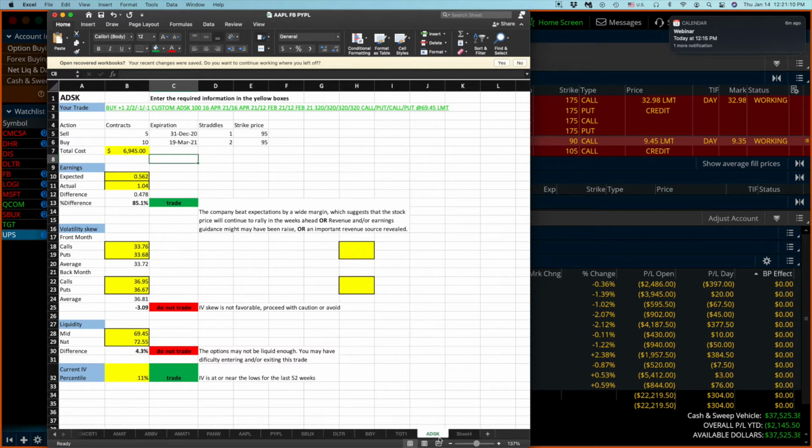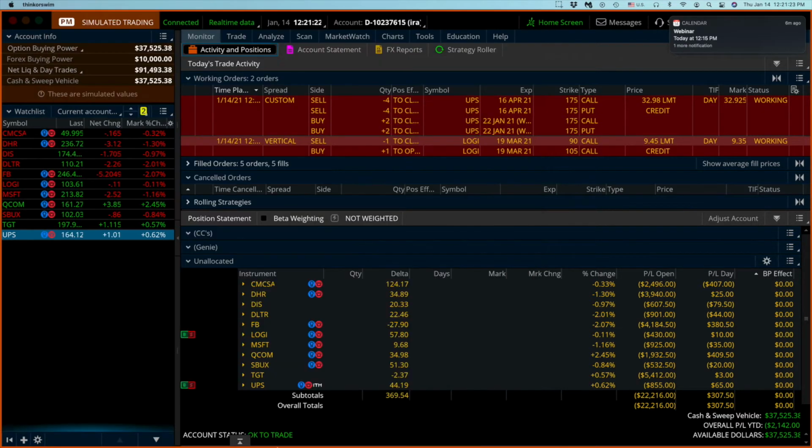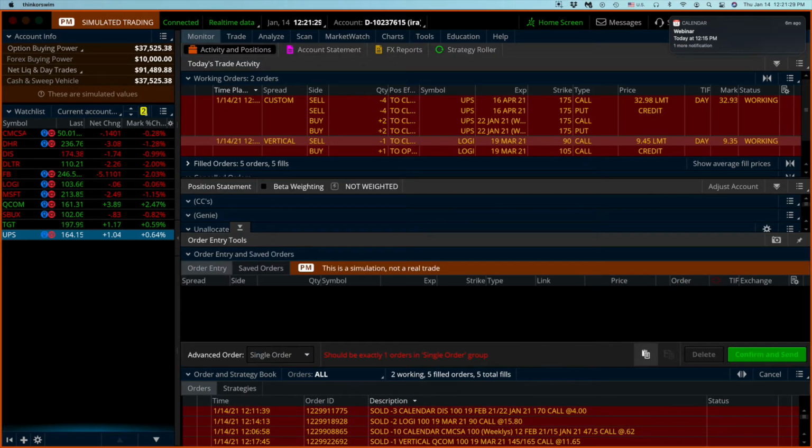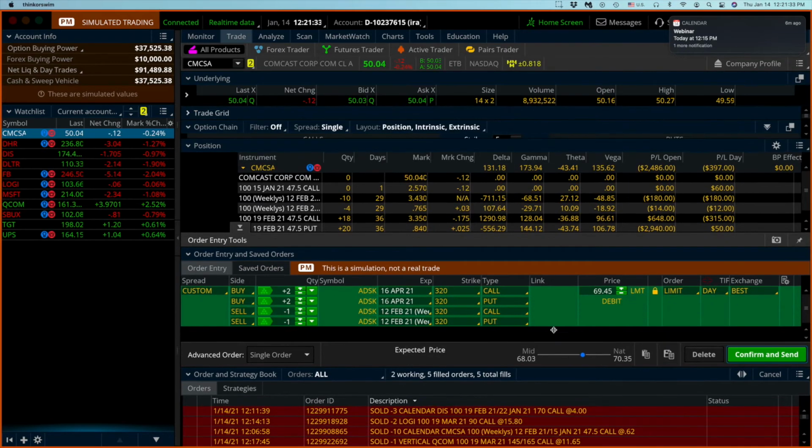A DSK, and that one, let's see if it has changed. Okay, so I take my trade here, copy that. Let's go to here, click this little icon here, and order entry and paste. Here it is. That's my trade.